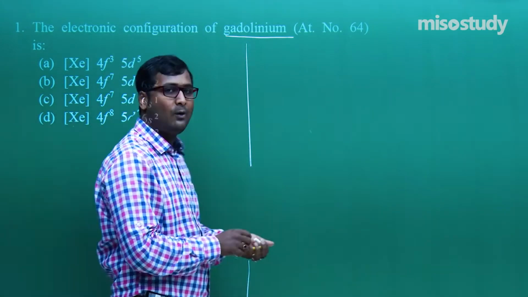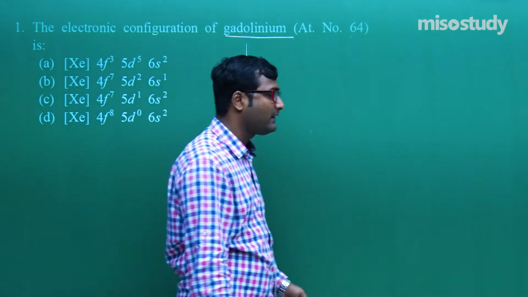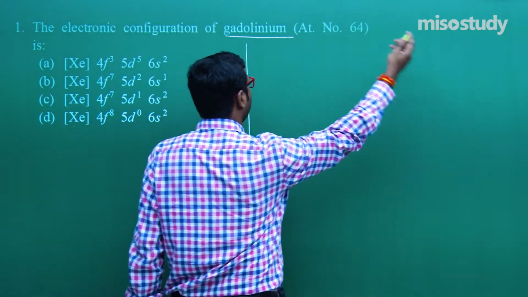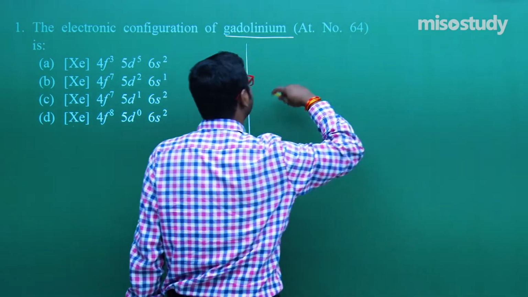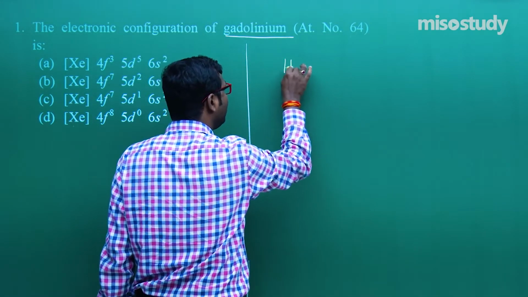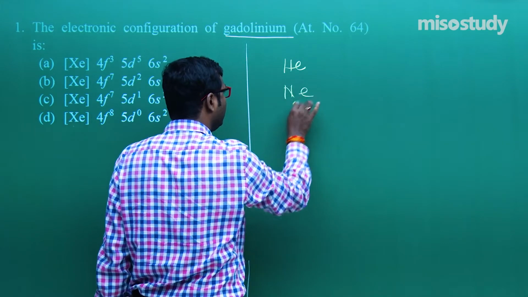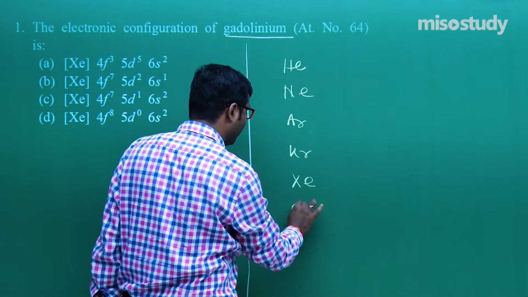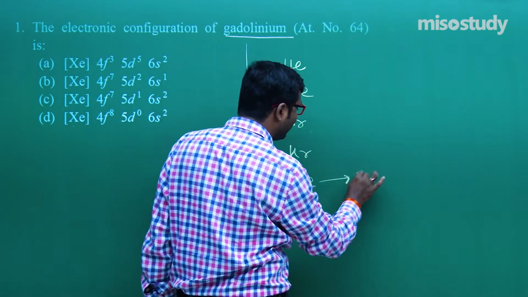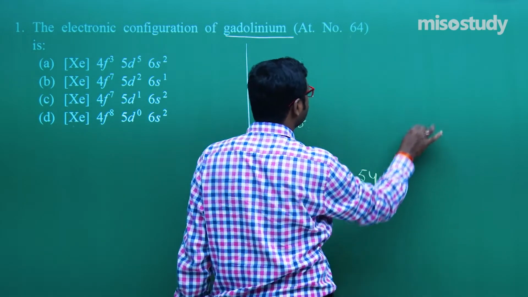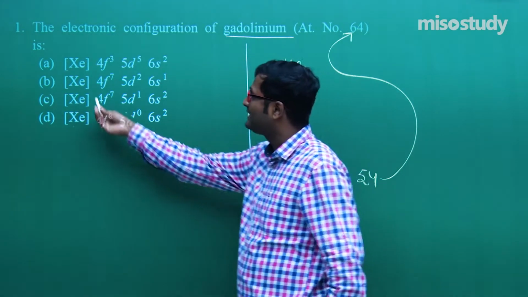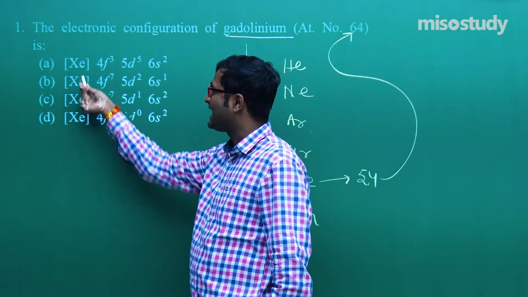We can write the electronic configuration in terms of the inert gases: helium, neon, argon, krypton, xenon and radon. What is the atomic number of xenon? That is 54, which is very close to gadolinium. Due to this reason, the representation is Xe.